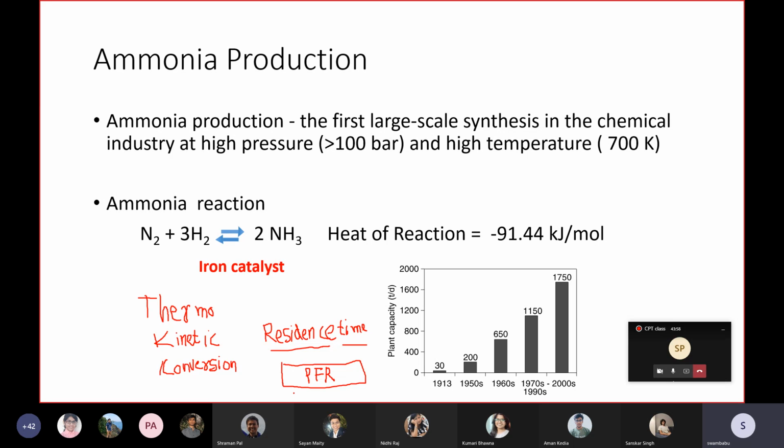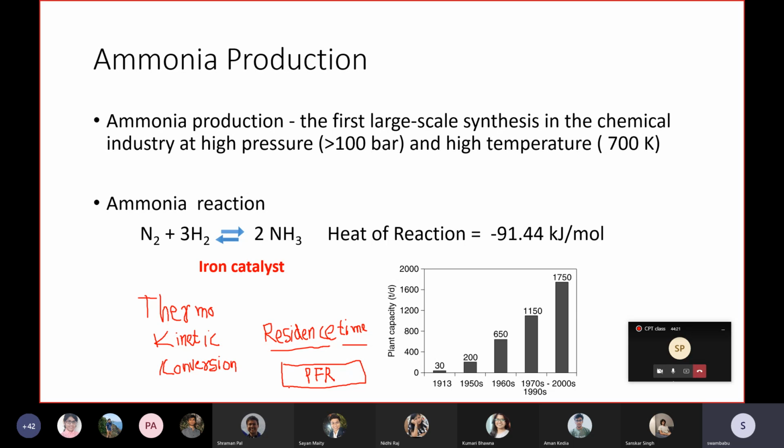If it is a slow reaction, the reactant has to stay more time in the PFR. Am I right? Is that correct or not?